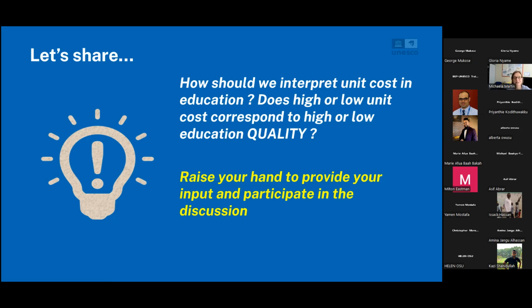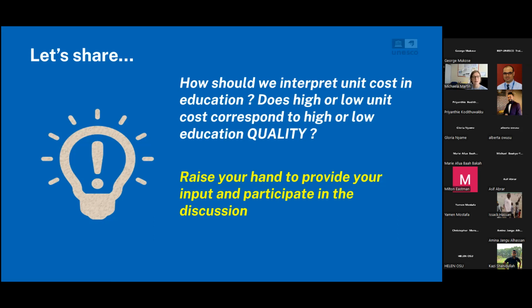So my point here would be yes. When we have a high unit cost, it gives us good potential to achieve good outcomes, but we need to check also. And we need to correlate our cost and finance analysis with data that we collect through the quality analysis, and also to see what the learning achievements are in our education sector.